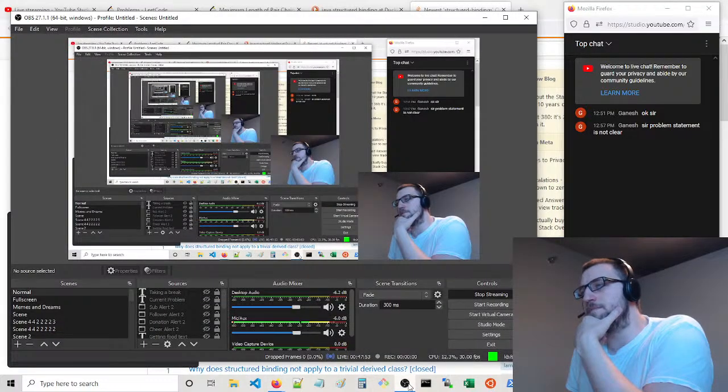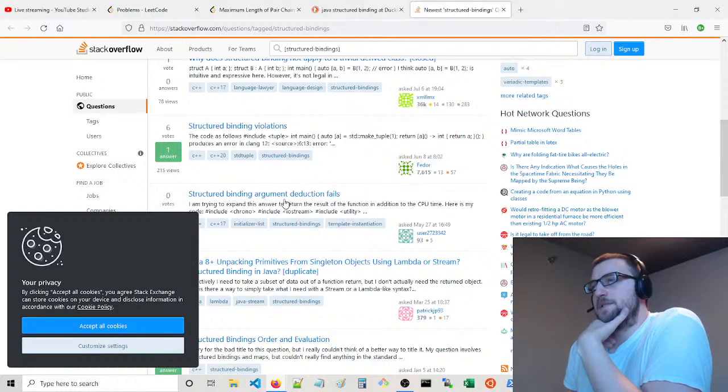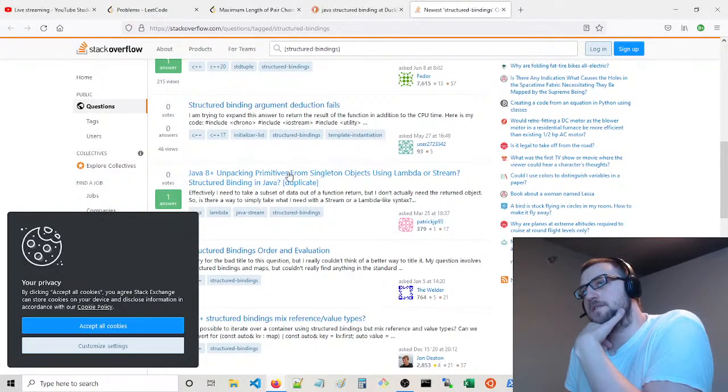You can do structured binding in C++, but how do you do it in Java?